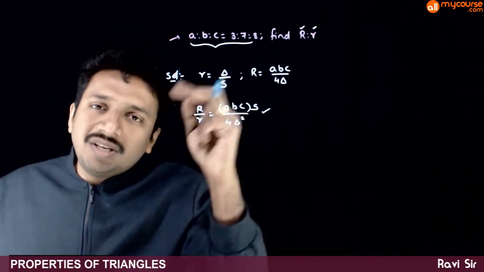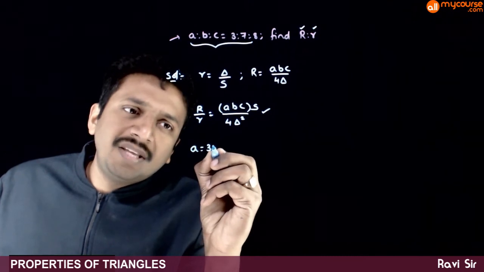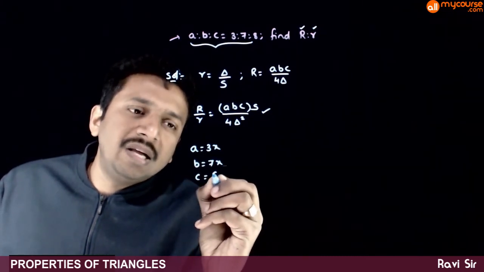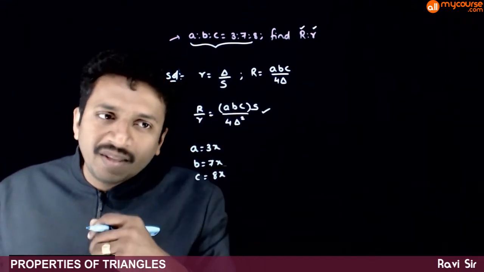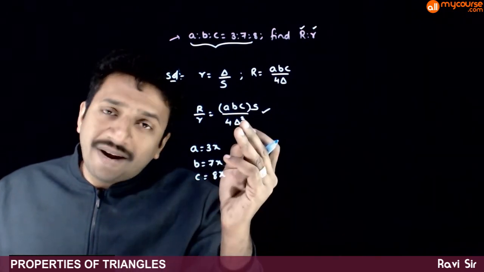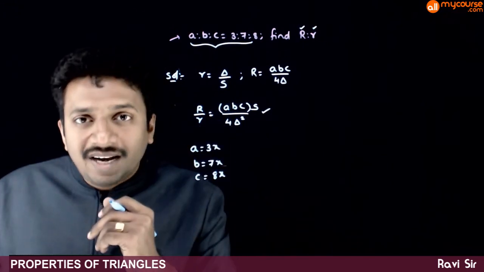A is to B is to C is given. So I can take A equal to 3x, B equal to 7x, and C equal to 8x, because that's the ratio in which A, B, C are there. Once I know A, B and C, I can find the value of S as well as delta.